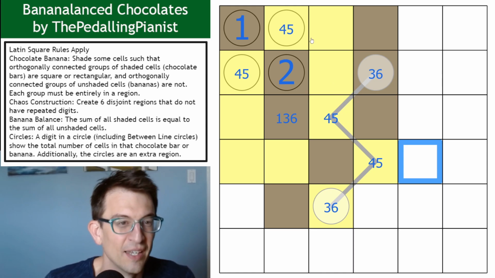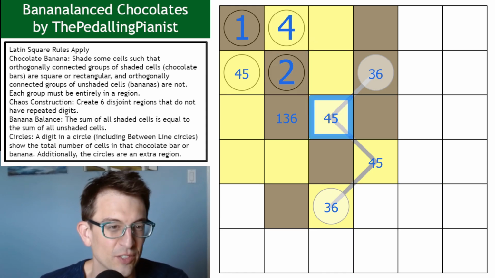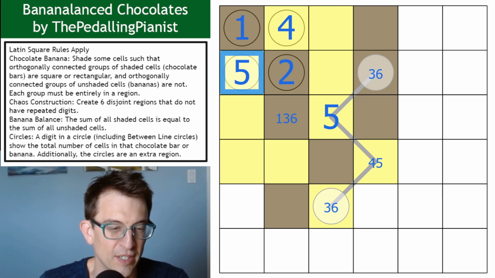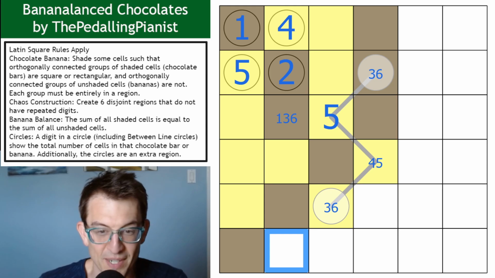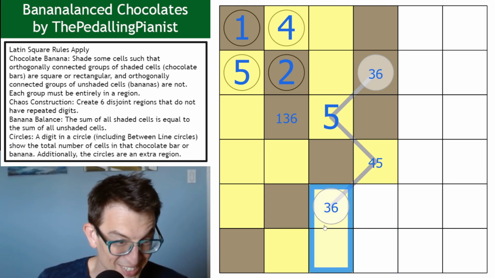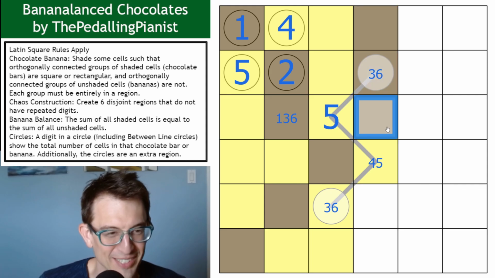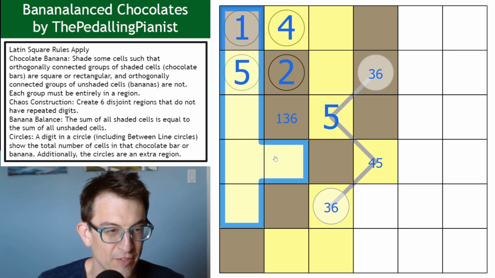And this is now banana. And this is my 4. So this is my 5. This is a 5. This has to grow to here, which is banana. This is now chocolate. This is now banana, which goes to here. I still don't know if this is 3 or 6, which way is which, incredible. But I do know that this 1 now connects to this 5.